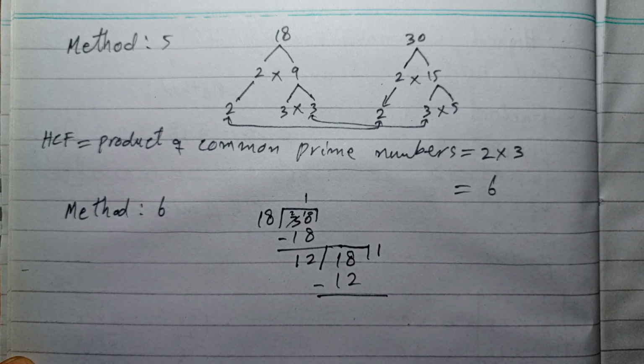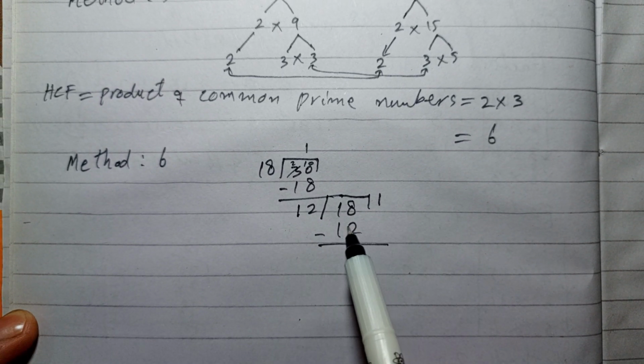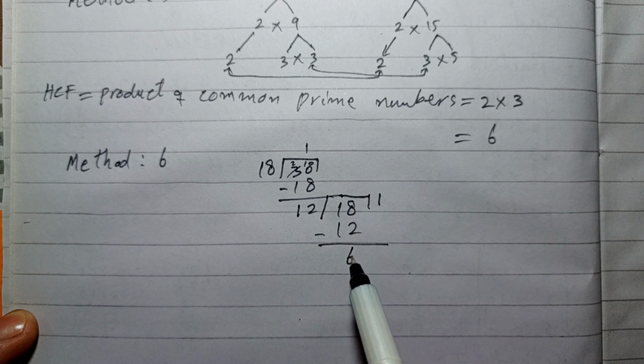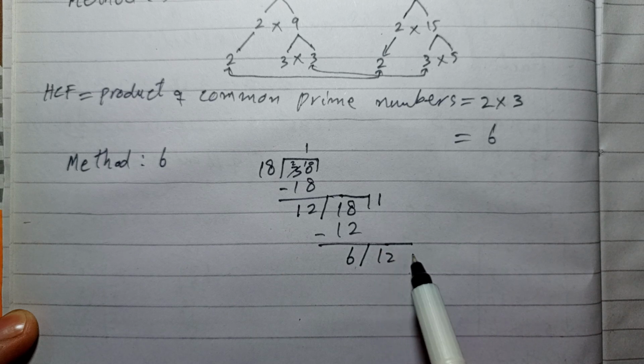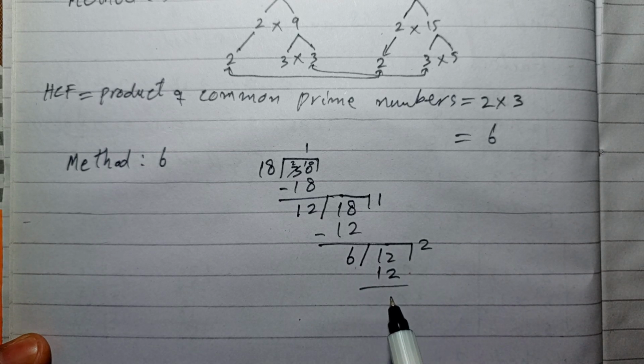Now when you subtract 12 from 18, you will get 6, and now 6 is smaller than 12, so you will take this 12 here. Now 6 2s are 12, 6 1s are 6, 6 2s are 12, so it is completely divided, leaving remainder 0. This is called the long division method.